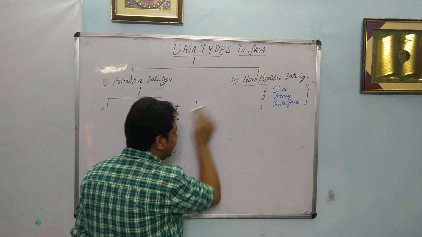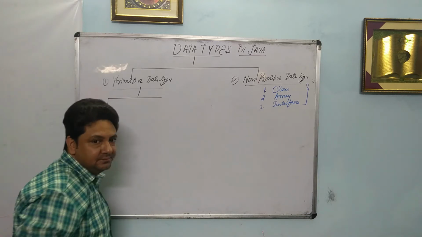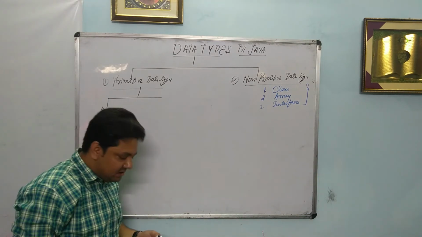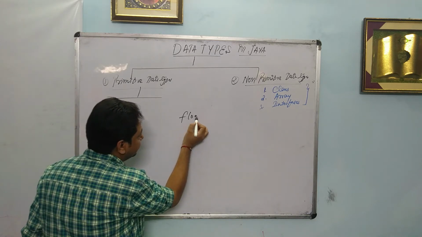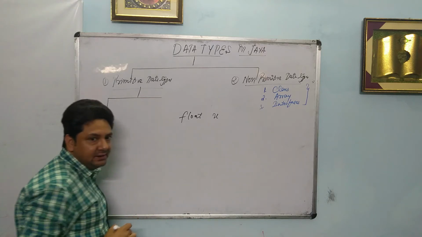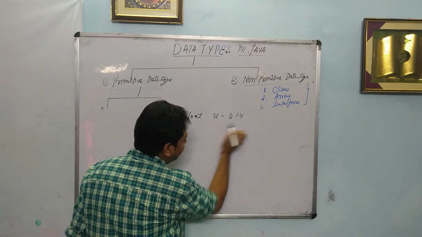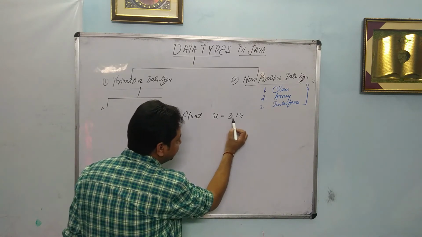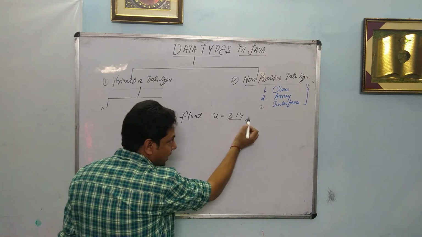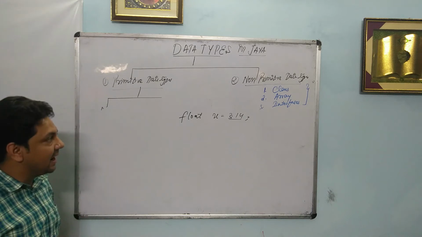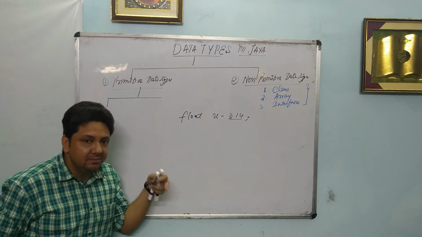The second important thing is that Java considers each and every fractional value as double. What is the meaning of this? Suppose I have taken a float type variable X and I am storing 3.14. 3.14 is a fractional value and I am trying to store it in X, but it is not possible. It will show a compile time error, possible loss of precision. What is the reason behind it?